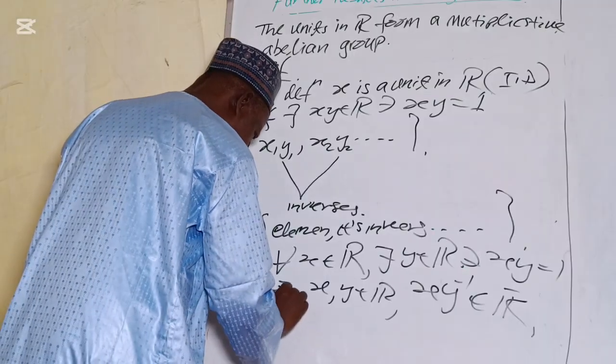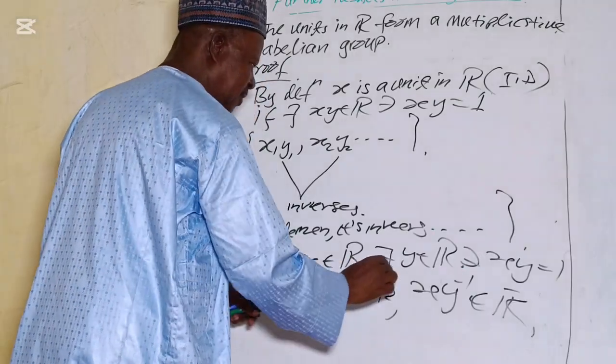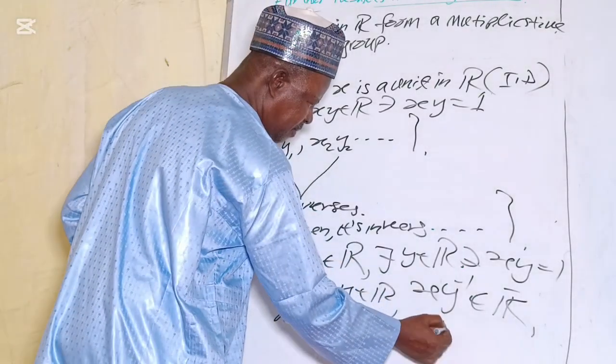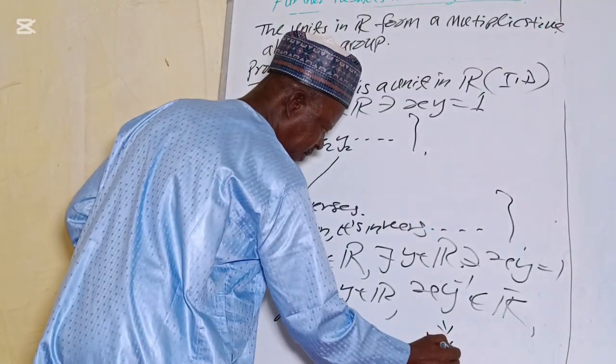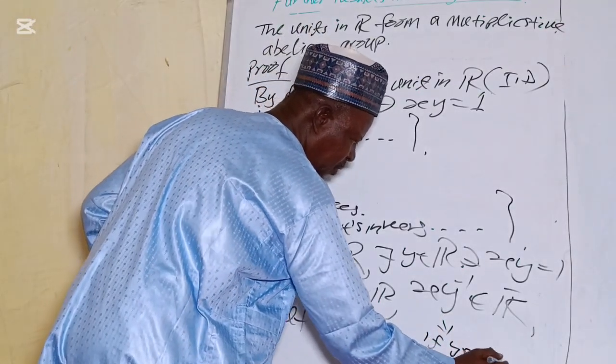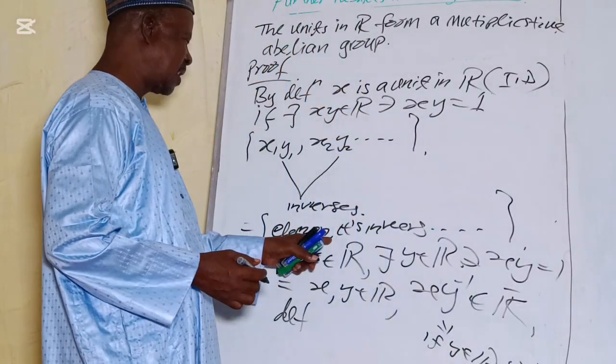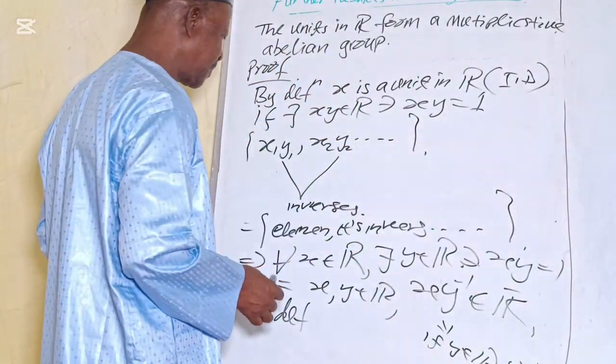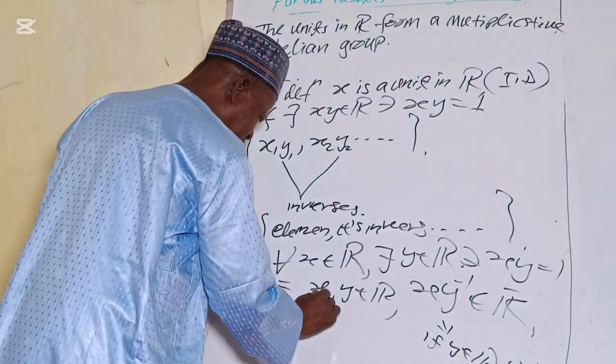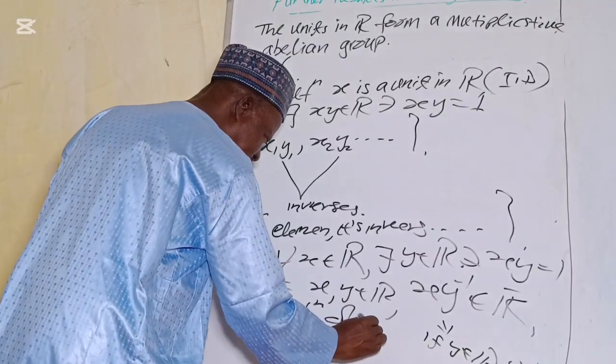Why are we saying y inverse? Because if y is in R, we know that y inverse should also be in R, because R will contain elements and their inverses. So this is the definition of a subgroup.